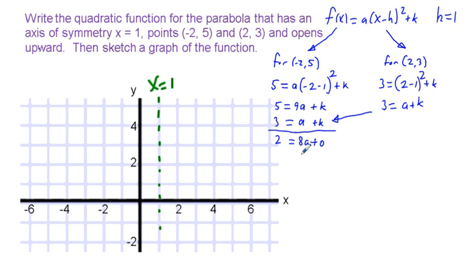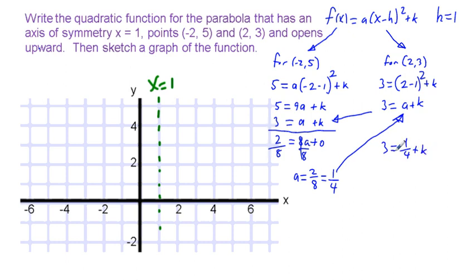So we have 2 equals 8a. If we divide by 8, a is equal to 2/8, which is equal to 1/4. Now we can plug in 1/4 for a, so I'm going to go right up here and plug in for this a. So 3 is equal to 1/4 plus k.